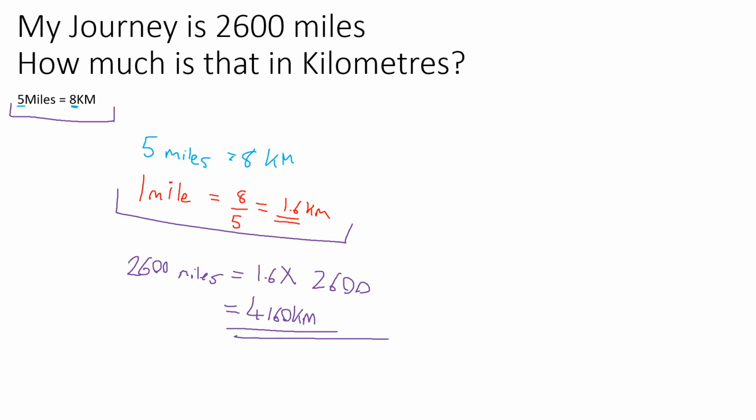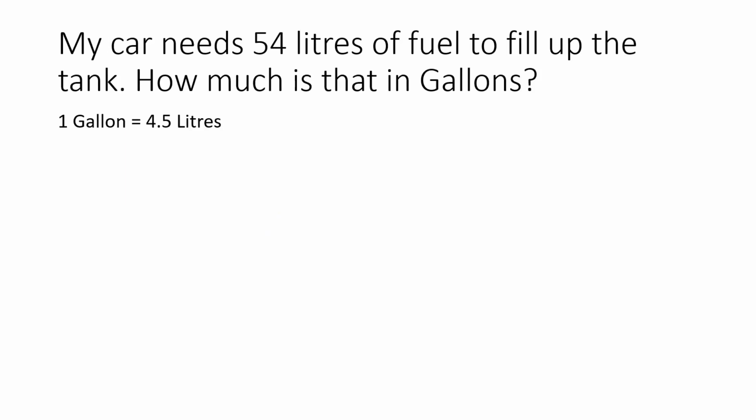But what about if we're given what the conversion is, but for the wrong unit? So for this one, we're told that my car needs 54 litres of fuel to fill up the tank. How much is that in gallons, right? We're given what the conversion is, but we're given it from gallons. That's fine.